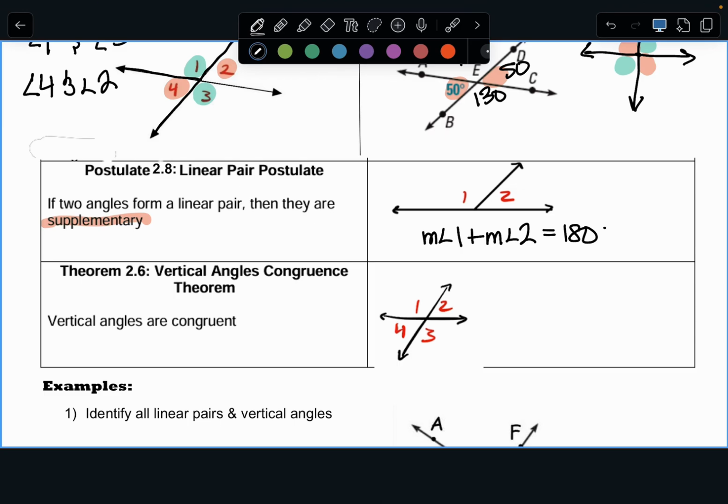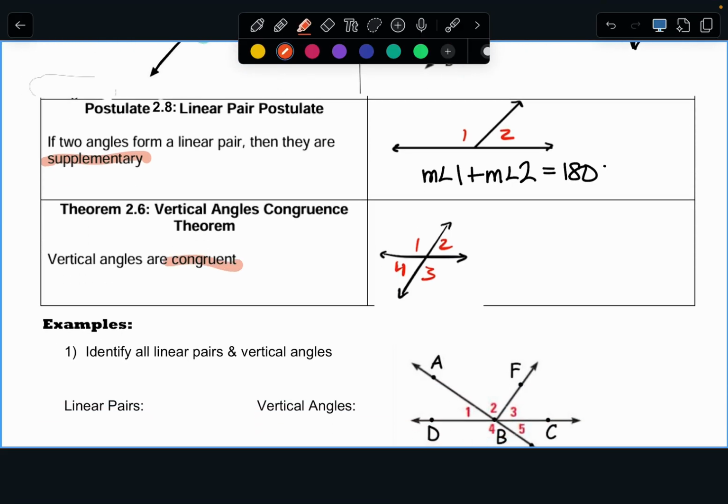And then we just found out, using this postulate up here, that vertical angles are congruent. So angle 1 is congruent to angle 3, and angle 2 is congruent to angle 4. They have the same measure.